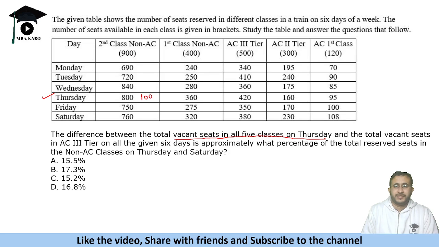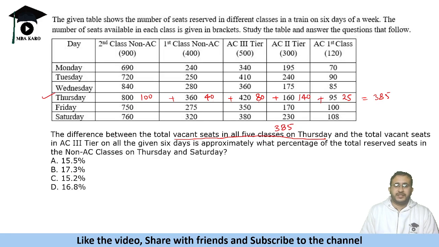This is 100, this is 40, this is 80, this is 140, this is 25. Okay, so we get total as 140, 220, 360 plus 25, 385. So this value is 385.